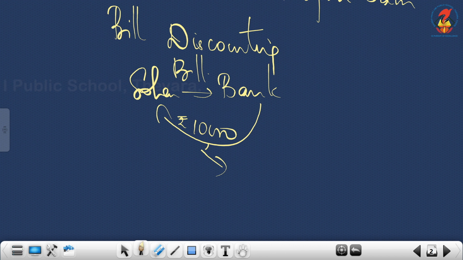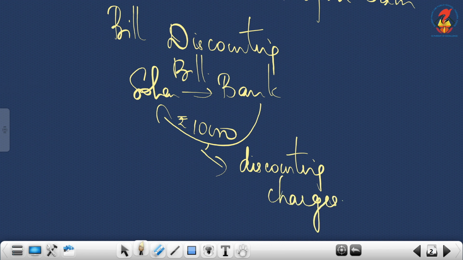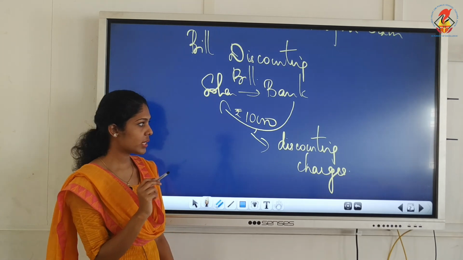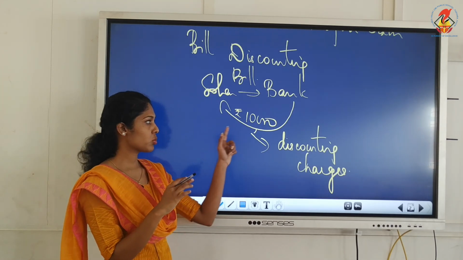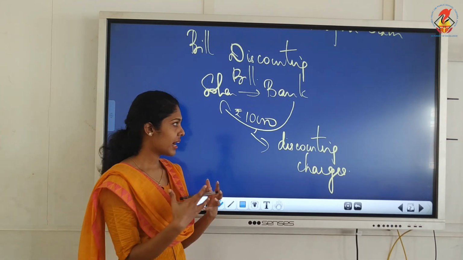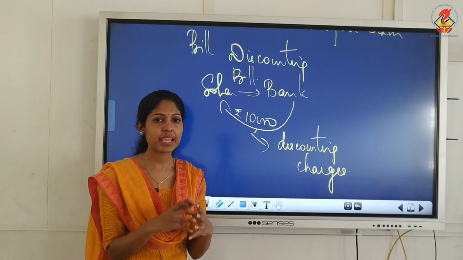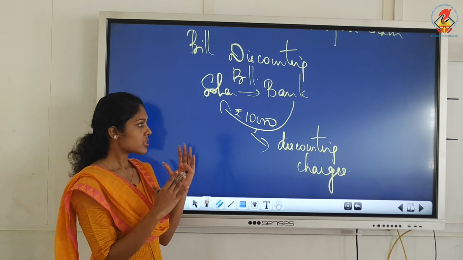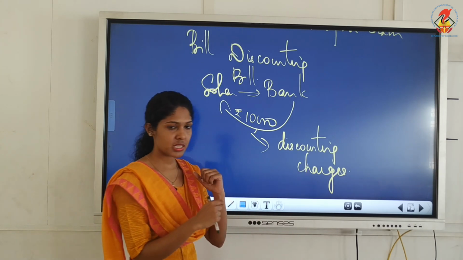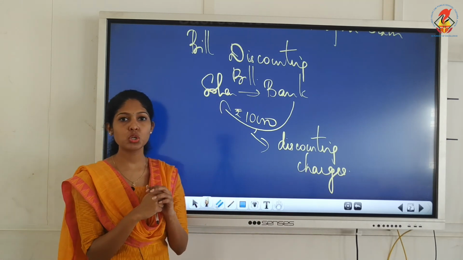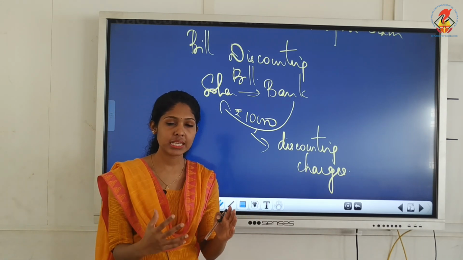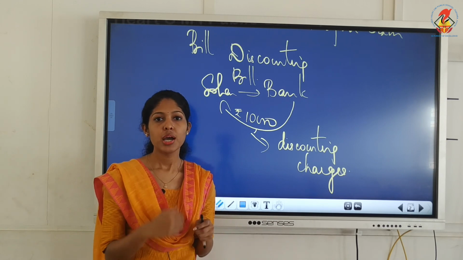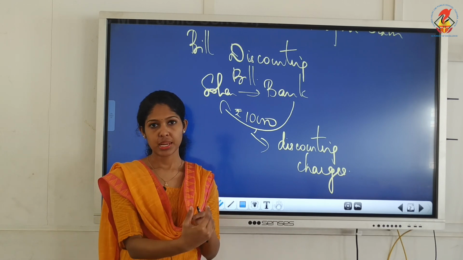Some amount will be deducted as discounting charges by the bank. Suppose for rupees 200 or 300, that depends on the rate of interest. So some amount bank will deduct as discounting charges, rest will be given to Sohan. Anyway, Sohan is getting the amount. How? By discounting the bill.